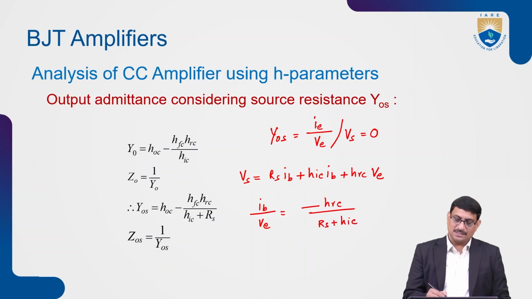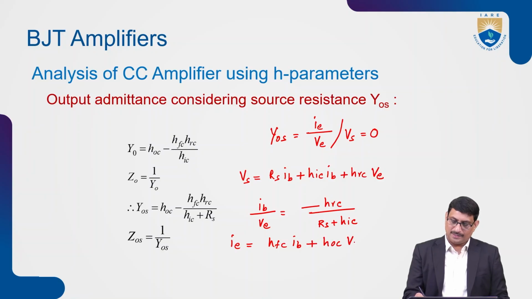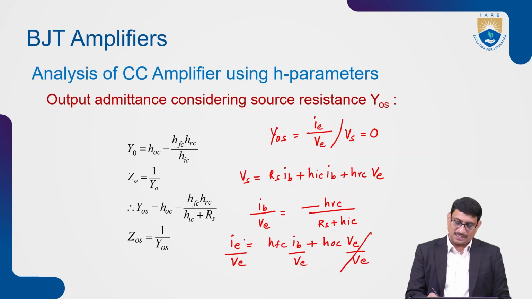Therefore, YOS is IE divided by VE. I will take the IE expression, IE equal to HFC into IB plus HOC into VE. In this equation, I will divide with VE on both the sides. This VE gets cancelled. IE by VE is nothing but YOS, which is equal to HOC.